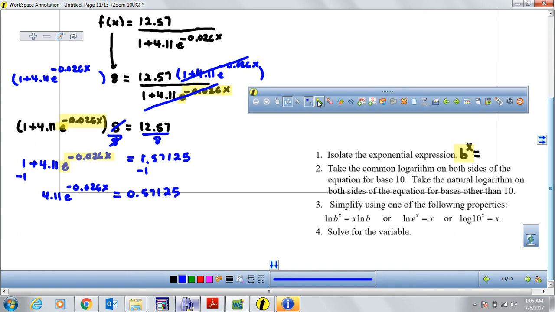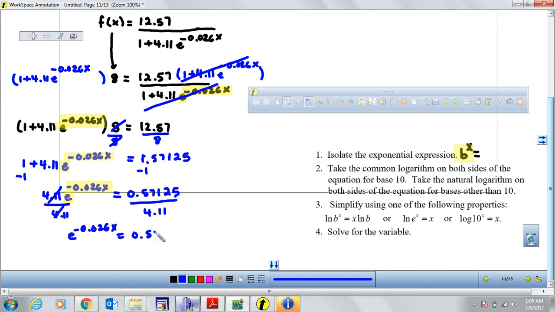And then to leave that e by itself, there's one more thing that we can do. We can divide the 4.11 on both sides of this equation, and now the e is completely by itself, which is my exponential expression. I'm going to leave it like that because I think if I divide it, it's going to make it worse. And remember that you cannot round. So now it is isolated.